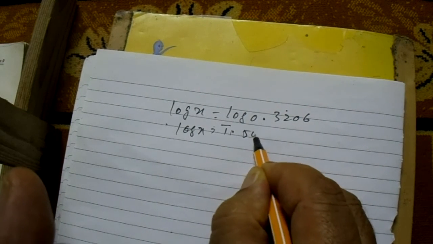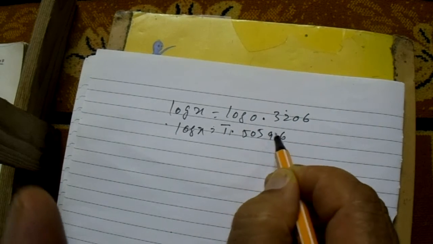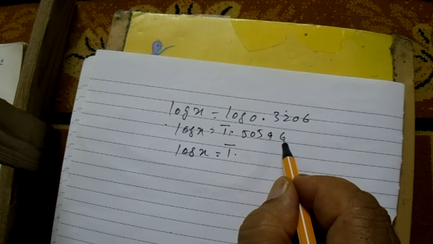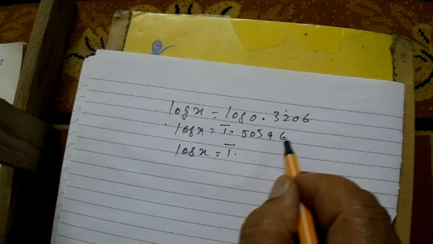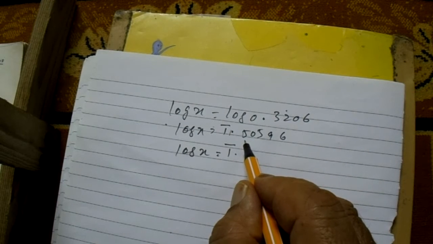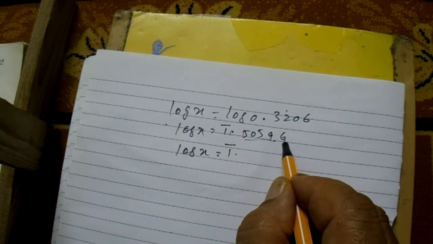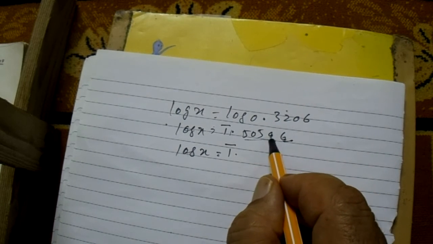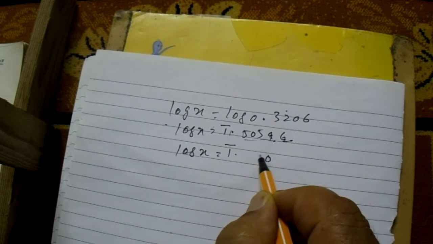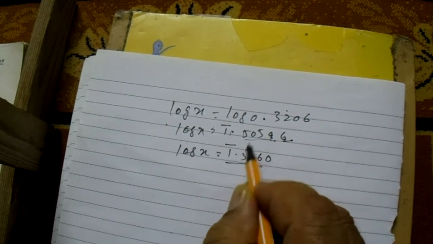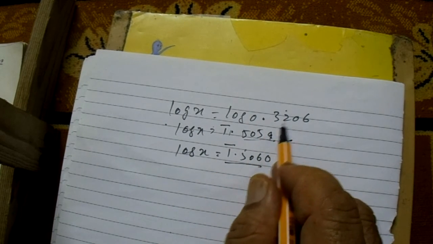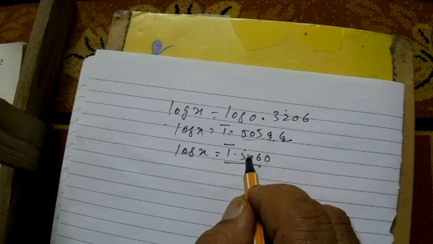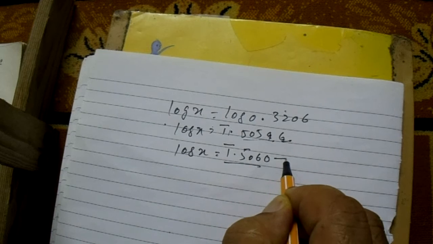Now log x is equal to 1 bar point 50596. We round off to 4 digits. This digit is 6, which is greater than 5, so you leave the digit before it and add 1. You get 0605. Now the answer is log 0.3206 is equal to 1 bar point 5060. Now this is your answer.